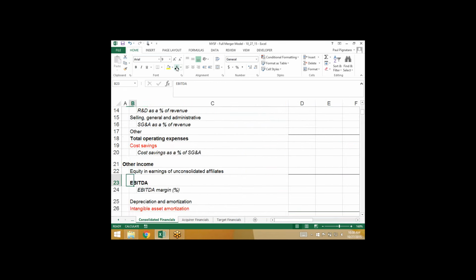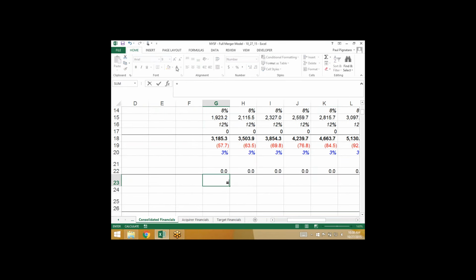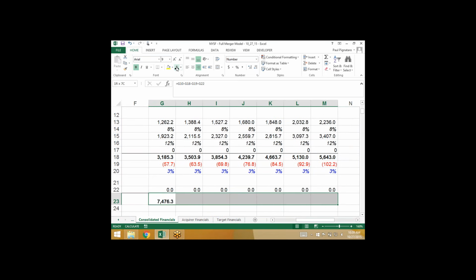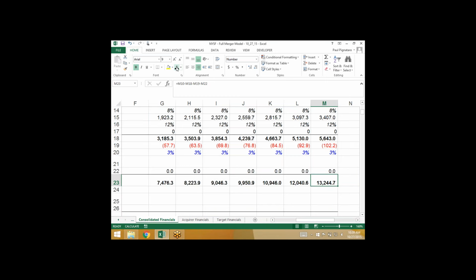And so our EBITDA is the gross profit minus the costs, minus the cost savings, which actually increases cost savings, minus other income, and you should have 13,244.7.